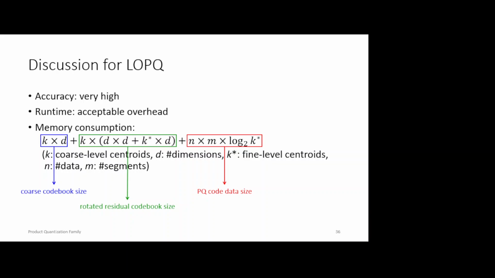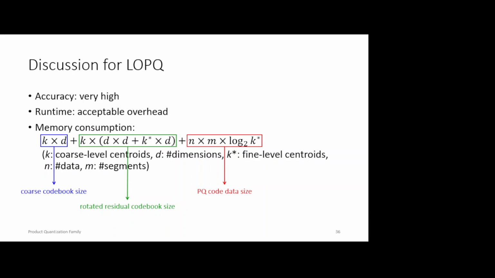Okay, so the memory is really very huge compared with PQ and OPQ. LOPQ consumes a lot of memory. So it's the price. Even if the accuracy is very high, it uses a lot of memory to record the detail.